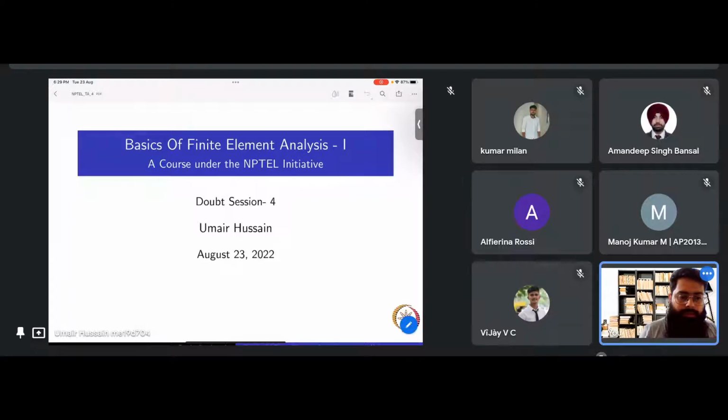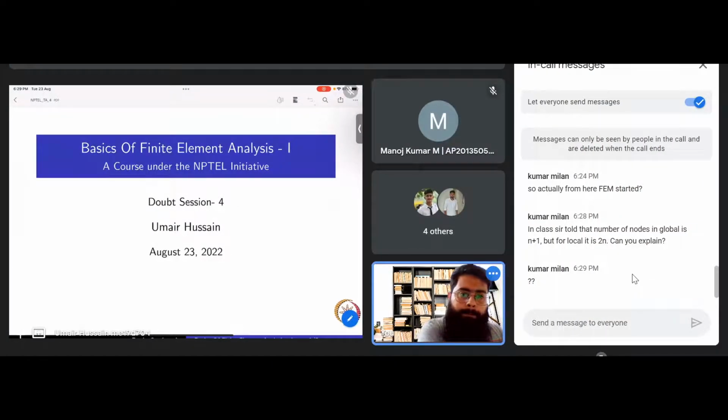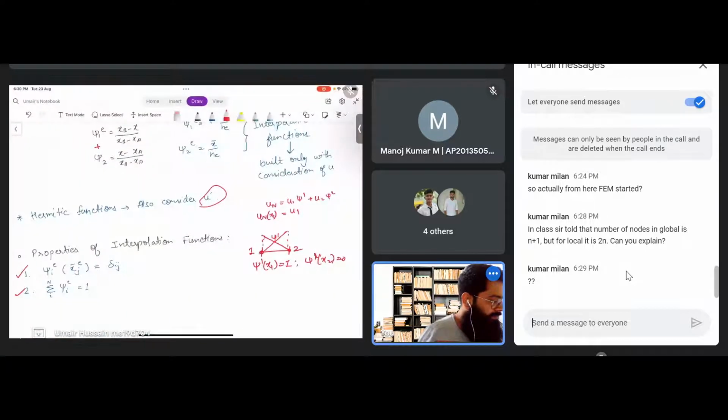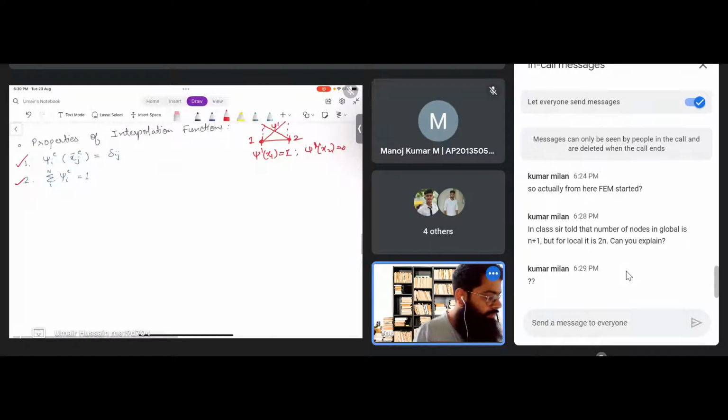Question, let me check. In class, sir told that the number of nodes in global is n plus 1, but for local it is 2n. Well, let me see.